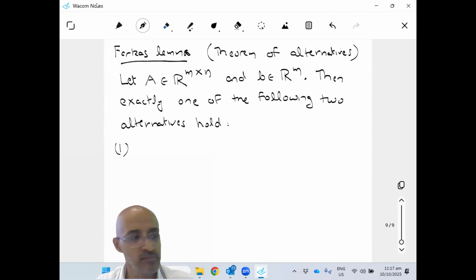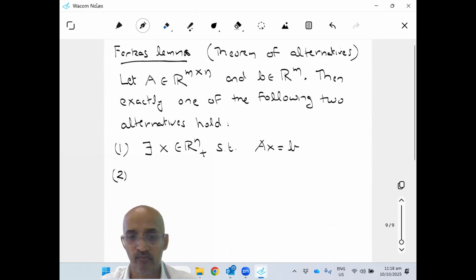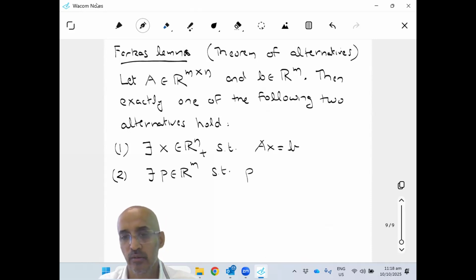It says either there exists an x in R^n_+ such that Ax is equal to b. Just to remind you, this means that x is in dimension n and it is a non-negative vector. Or there exists a p in R^m such that p transpose A is non-negative and p transpose b is strictly negative.